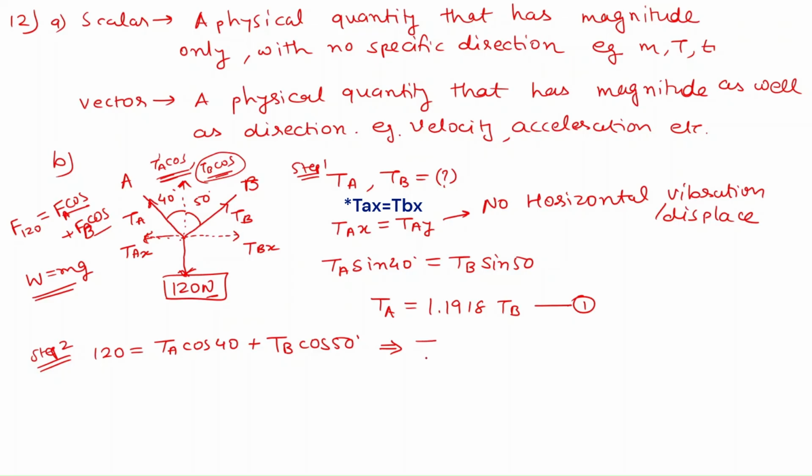So we got the value of TB like 77.1 Newton, because there's only one unknown quantity. TA is known, which is coming from equation 1, cos 40 is also known, and cos 50 is also known. So we get TB. And now put this value in this equation. We got TA like 91.9 Newton.